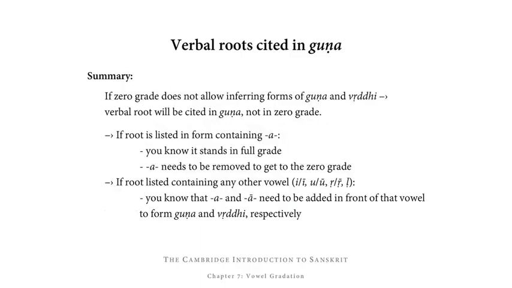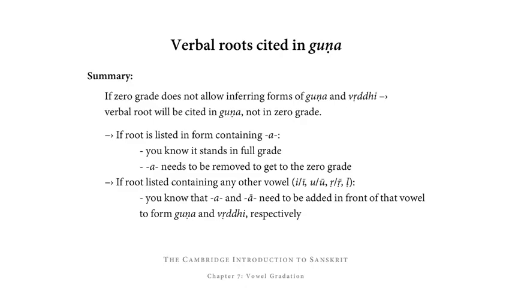So again, in a nutshell, if the zero grade of a verbal root does not allow you to infer the forms of guna or vritti, then that verbal root will be cited in guna, not in zero grade. Therefore, if a root is listed in a form that contains a, you can know that it stands in full grade, and you can know that a needs to be removed in order to get to the zero grade form.